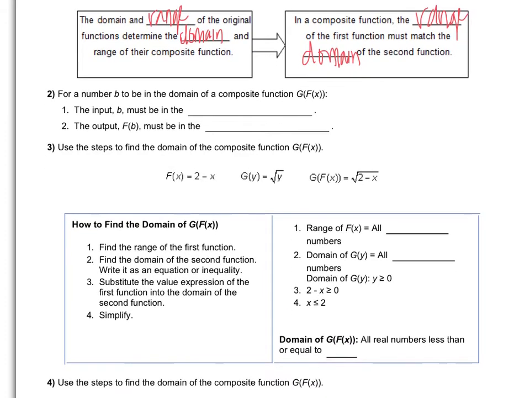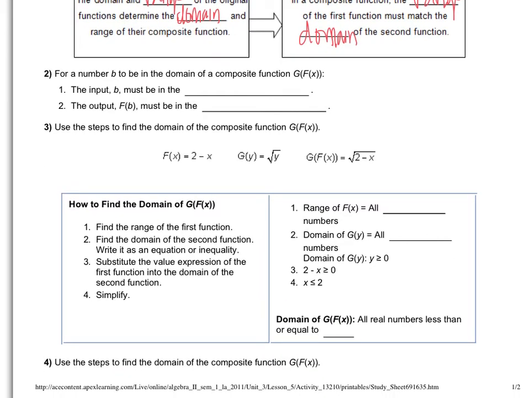So for a number b to be in the domain of a composite function, g of f of x, the input b must be in the domain of f of x, and the output f of b must be in the domain of g of x.